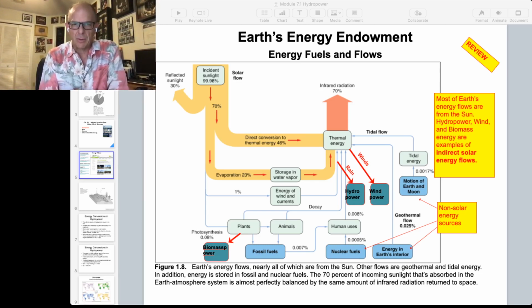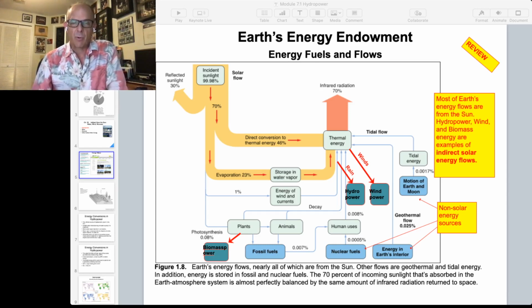And that may seem like a ridiculously complicated and unlikely source of energy, but as we saw in the previous module, the amount of energy available in sunlight is huge, and a significant portion of that, 23%, goes into this evaporation of water. So again, a tiny fraction of that would still be a significant amount of energy.